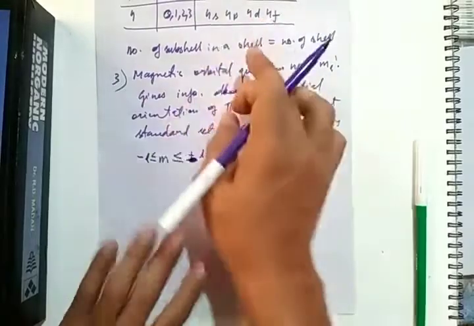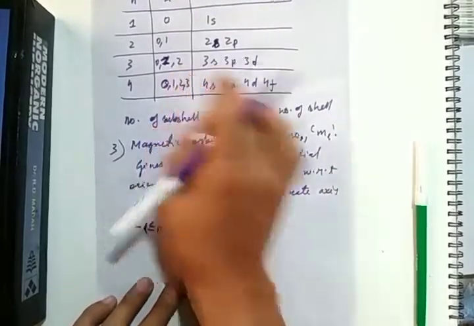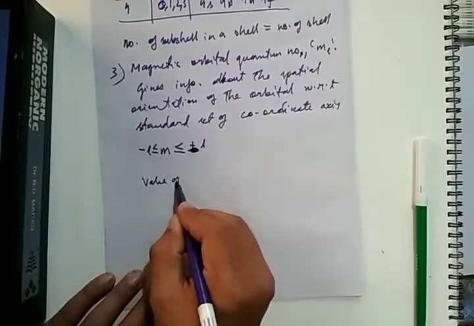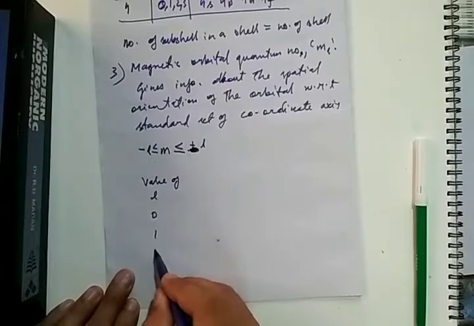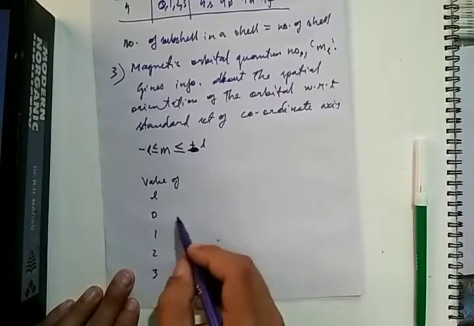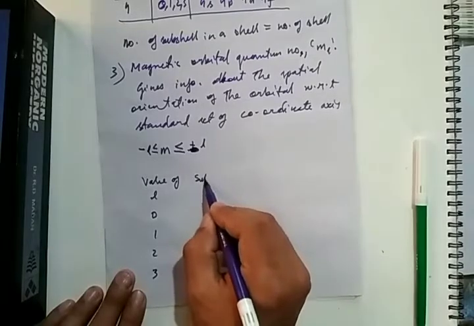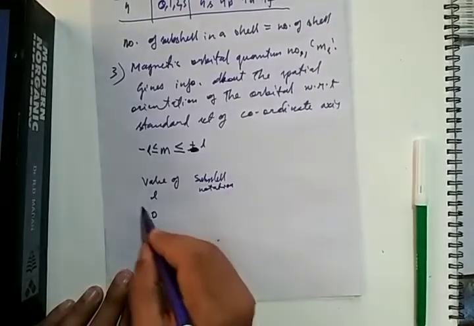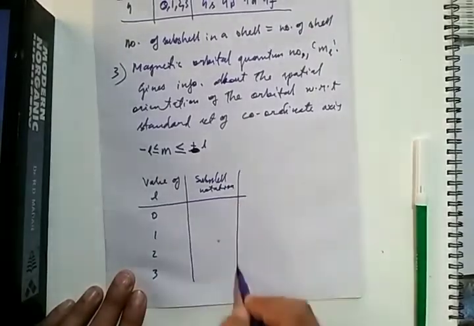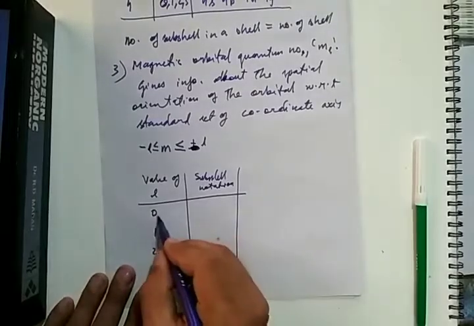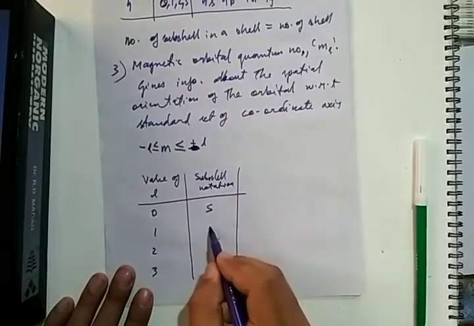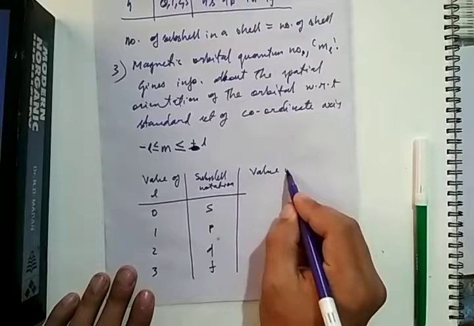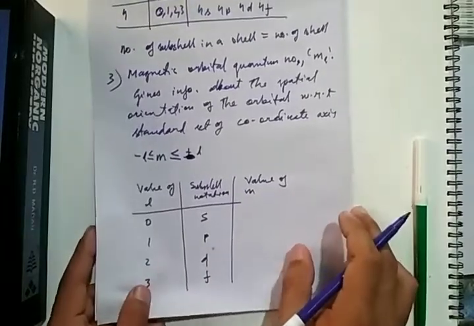Now let's discuss something like this with a table. Zero, 1, 2, 3. So for l equal to 0, 1, 2, 3, the subshell notation will be s, p, d, f. Now the value of m, we have discussed earlier also.